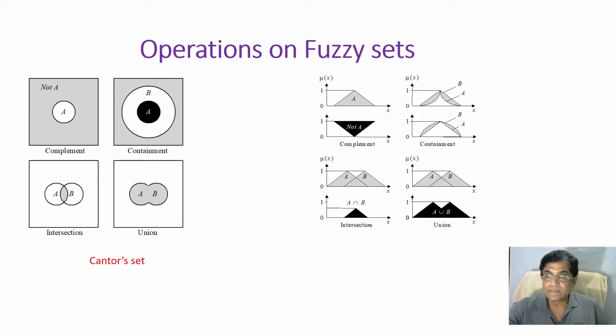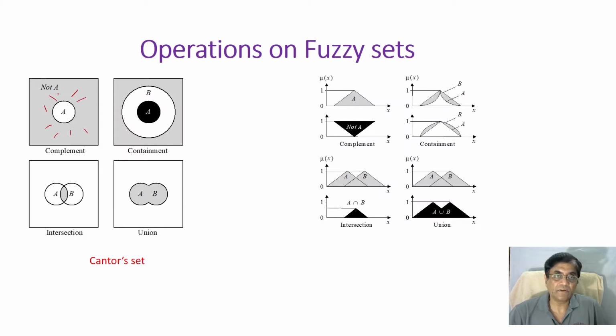Having known all these things, we'll talk about some operations on fuzzy sets. If they are crisp sets, Cantor's set operations are very well known, right? Say if A is a set, then not A, that is the complement, is whatever elements are outside, in this universe of discourse.